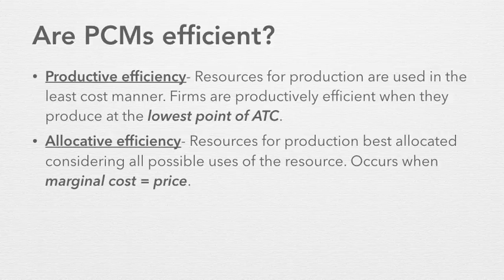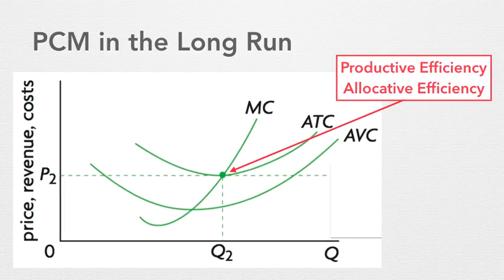So let's take a look at a graph. Here is a perfectly competitive market in the long run, and the profit maximization level would be where MC equals MR. In this case, don't forget that MR, marginal revenue, is also equal to the price in a perfectly competitive market. So though it's labeled as P2, that is the same thing as the marginal revenue.